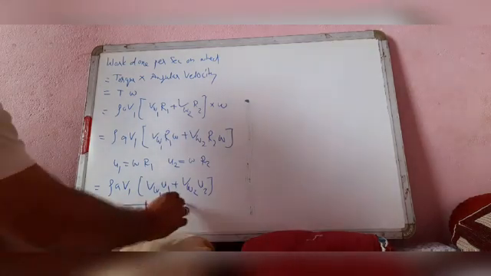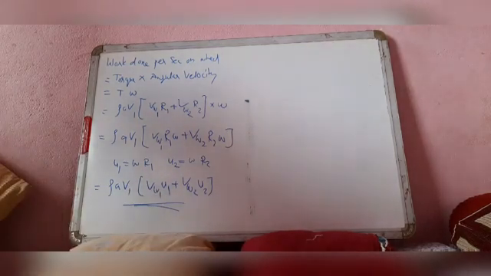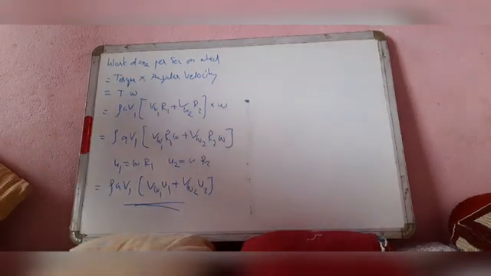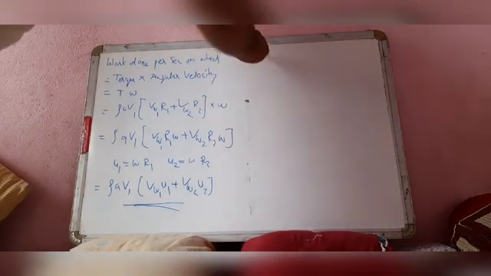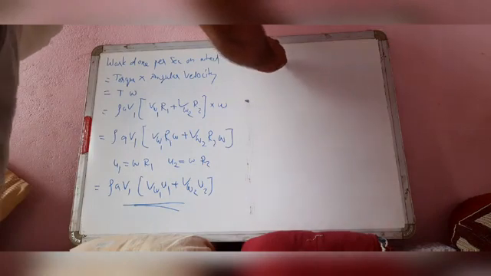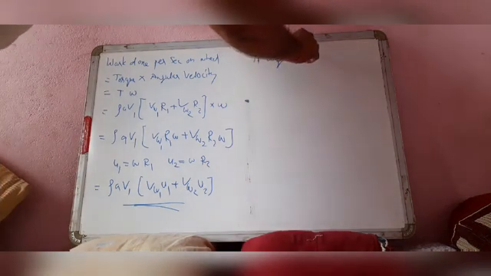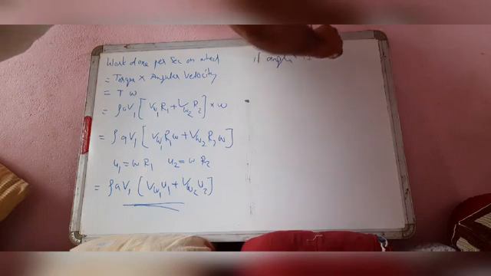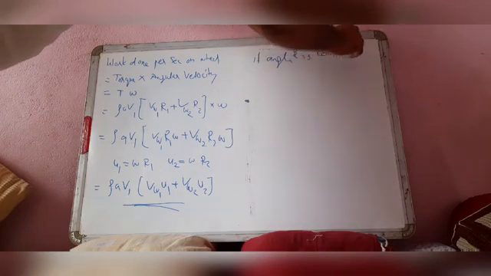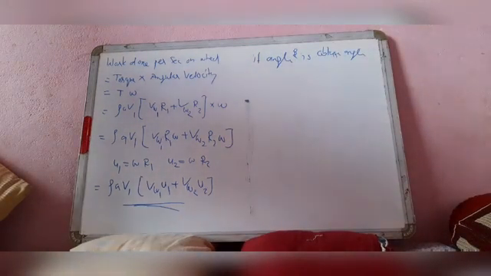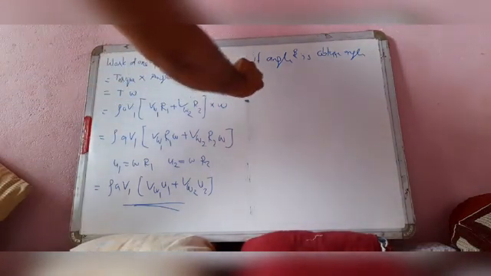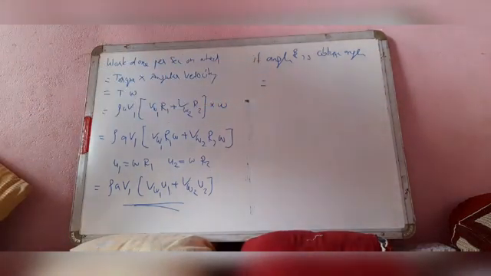This is the value of work done, and if the angle beta in the above equation is an obtuse angle, then the equation will be as follows.